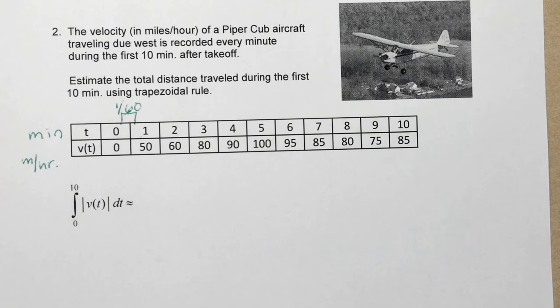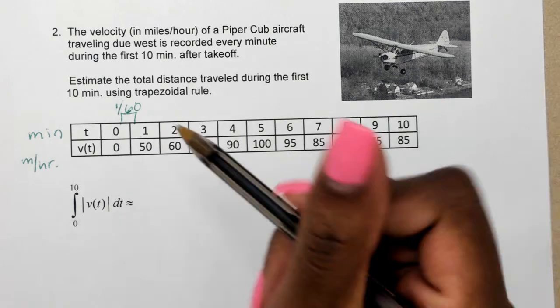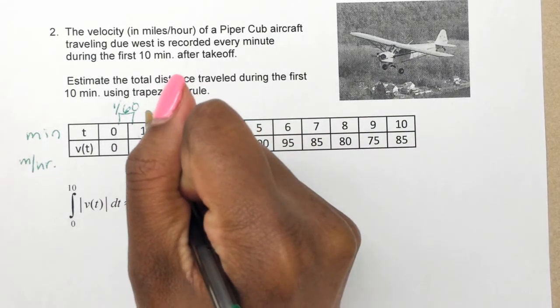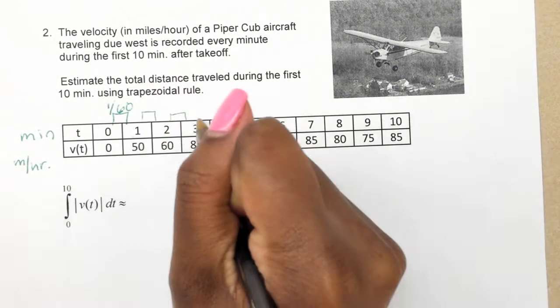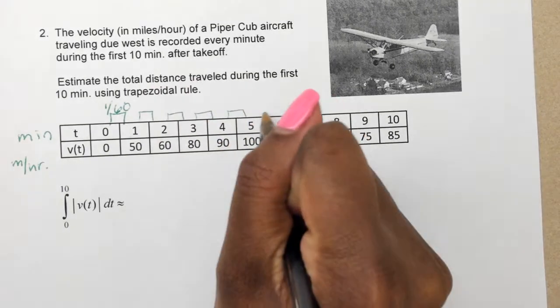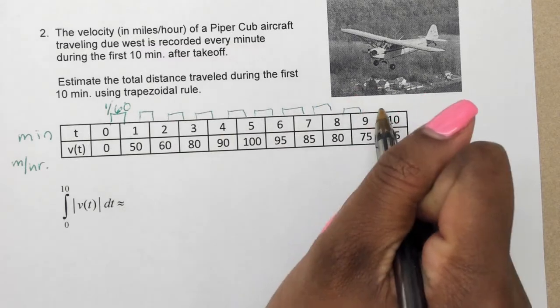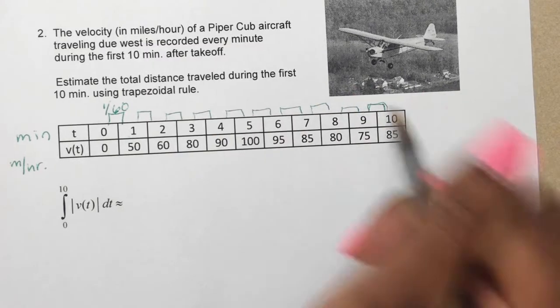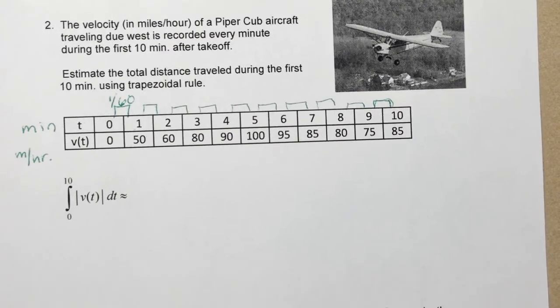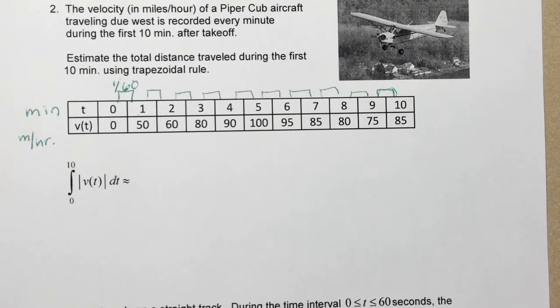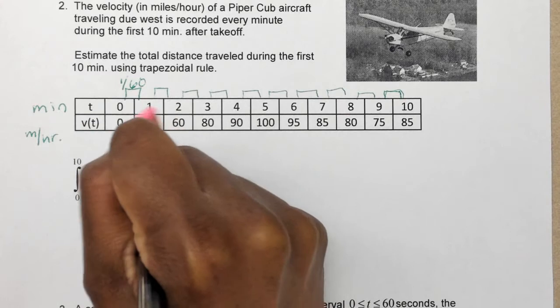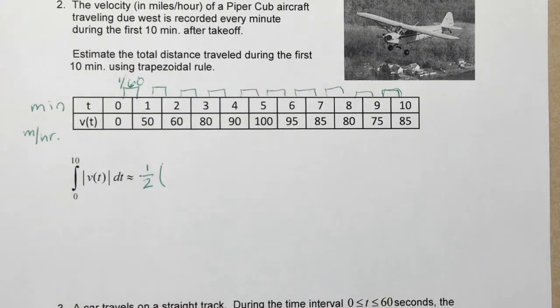So we want to estimate the total distance traveled during the first 10 minutes using the trapezoidal rule. So we want to use the trapezoidal rule for each one of these intervals to estimate the total distance traveled. The trapezoidal rule states we have 1/2 times whatever our subintervals are.